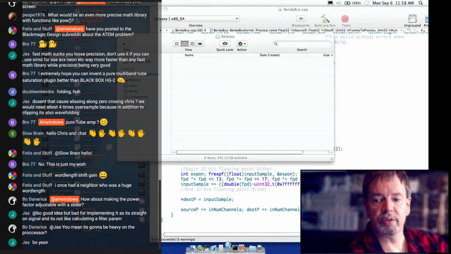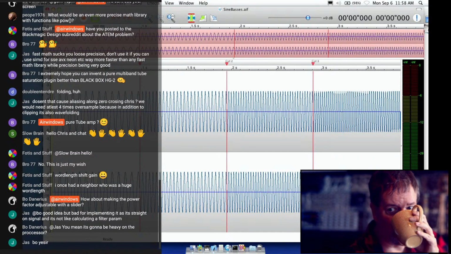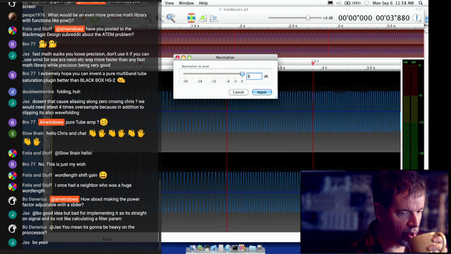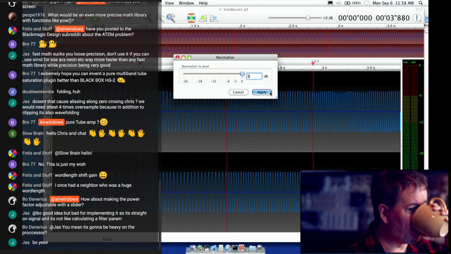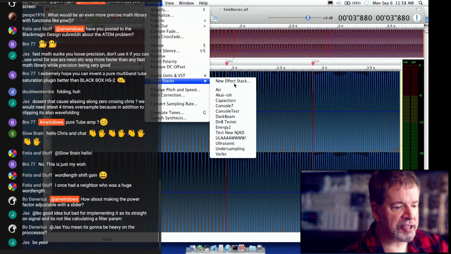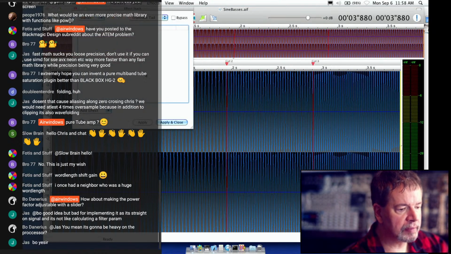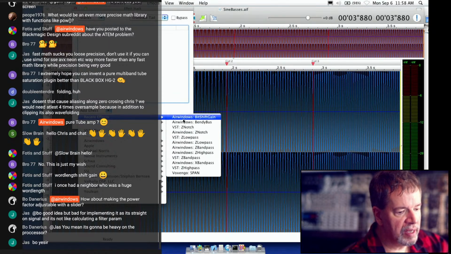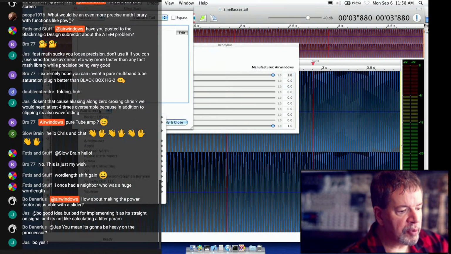Back to our bases, normalize it. Never did save that effect stack. Fine, time to do it now, I guess.